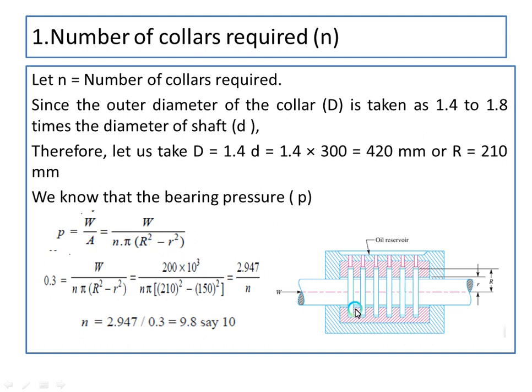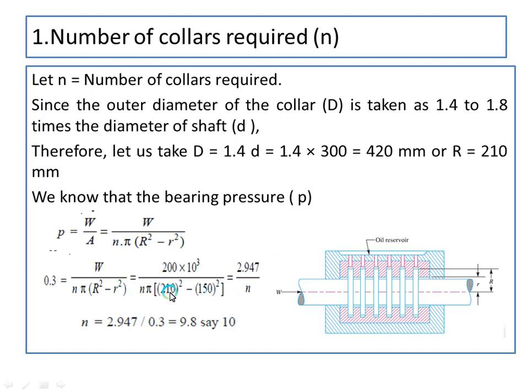So if you have the number of collars, you can multiply with n, so that you can get the value of the number of collars. In this case I will substitute, since P is given as 0.3, and you also know the value of R, which is 210 mm, and the radius of the shaft, which is 150 mm.